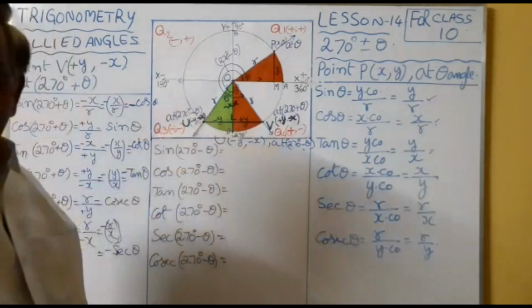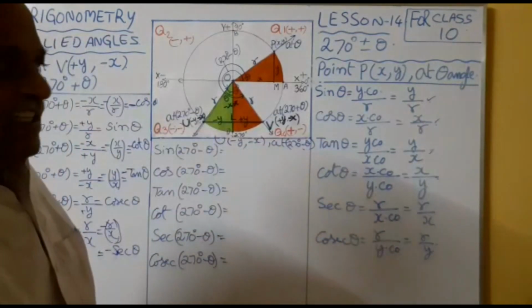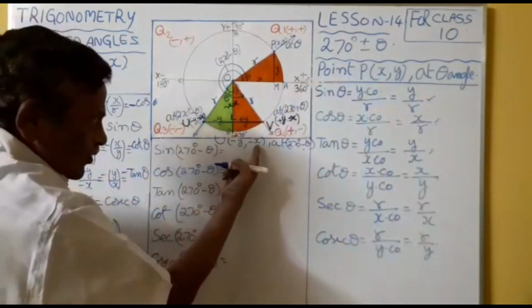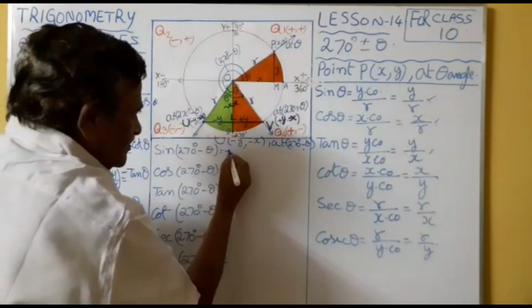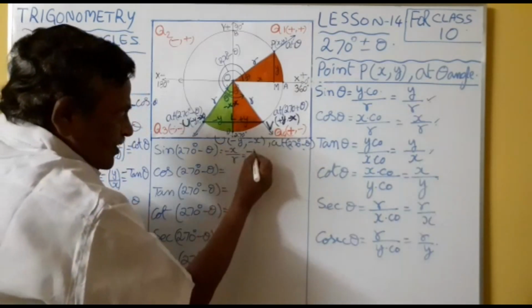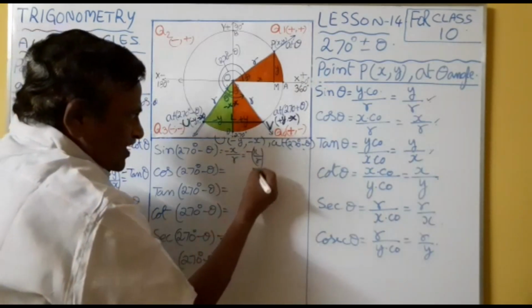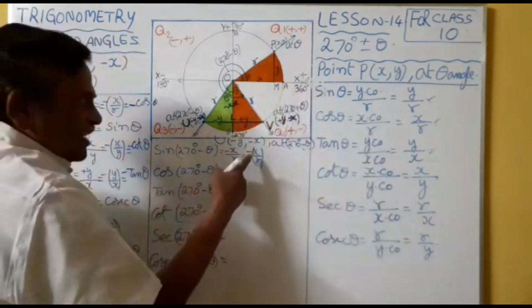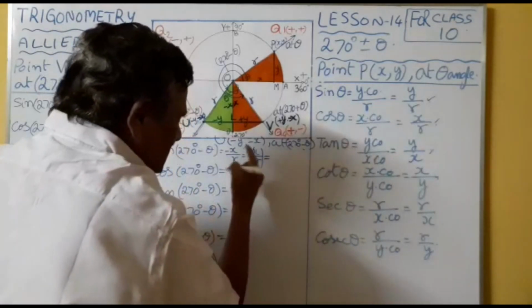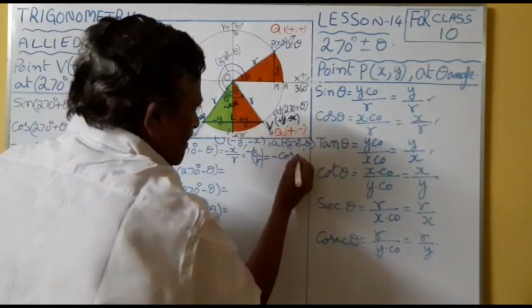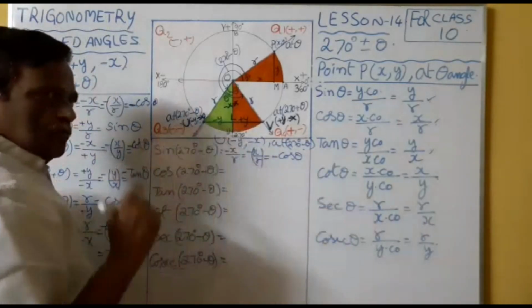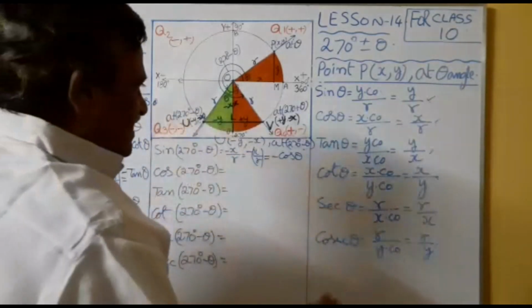What is the definition of sine? Sine definition is y coordinate by r. Therefore, y coordinate minus x by r. This is equal to minus of x by r. With respect to theta, x by r is cos theta. Therefore, this is minus cos theta. Therefore, sine of 270 minus theta is equal to minus cos theta.